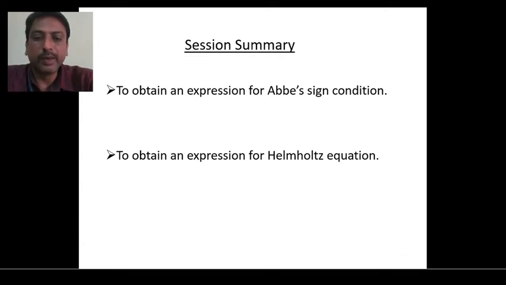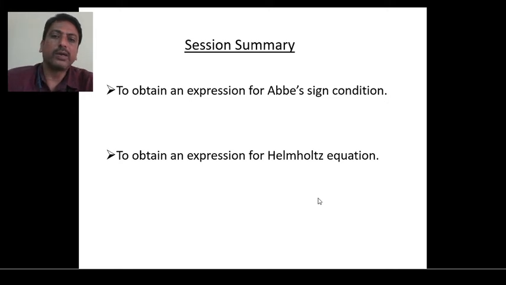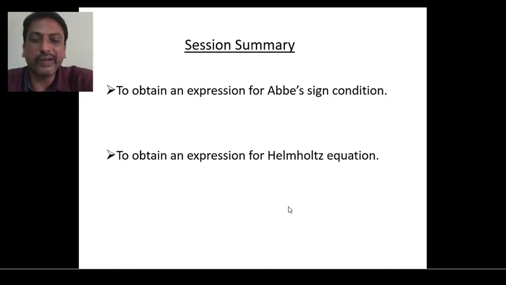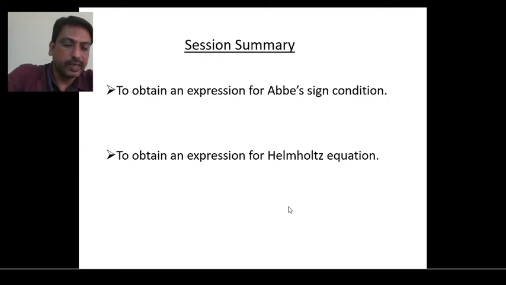So I hope now you are clear with deriving the Abbe sine condition as well as the Smith-Helmholtz equation. Now I will go for the aplanatic points and surfaces. Here we only have a qualitative discussion, so I will discuss it in a brief way.